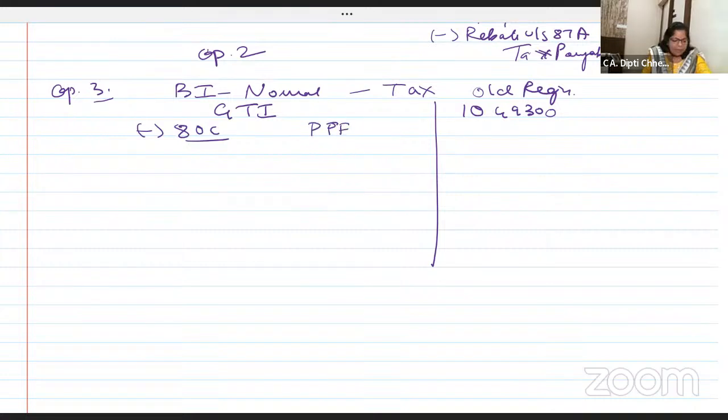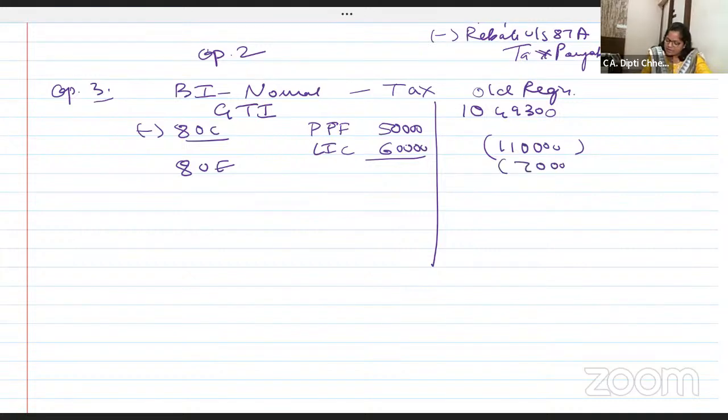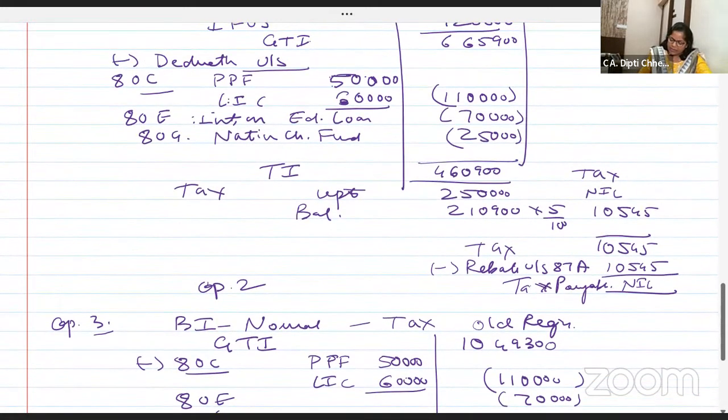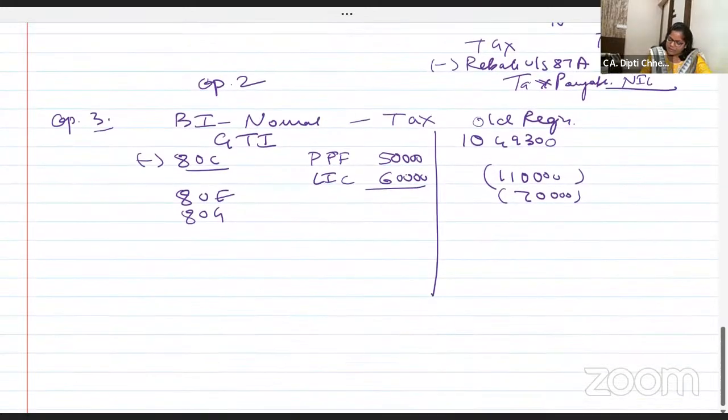And now let us give all the deductions. ATC, PPF, 50,000, LIC. Easy है problem, but थोड़ा सा lengthy है. ATC. ATE, E for education, 70,000. ATG, already we have written all the detail on the top. ATG अभी हमने लिया ना 25,000.